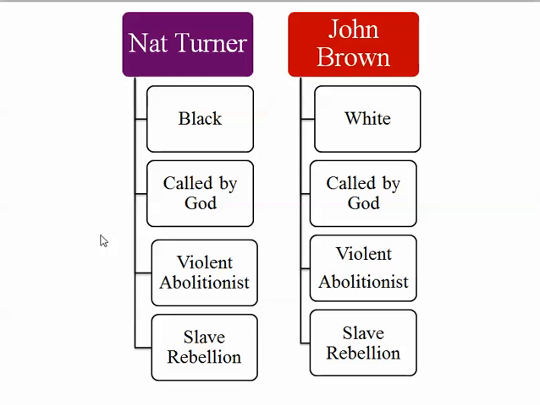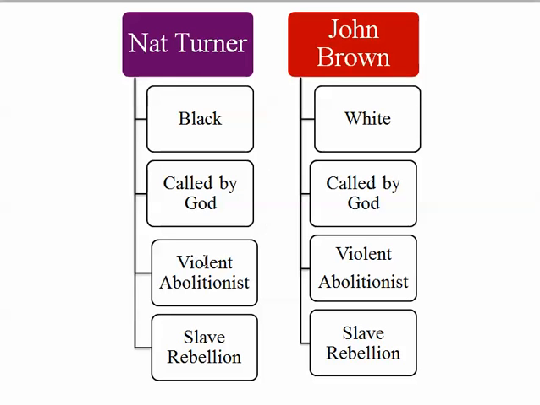If we compare and contrast Nat Turner's rebellion and John Brown's, we see that Nat Turner was an African American, black. John Brown was white. Both had been called by God and affected by the Second Great Awakening.